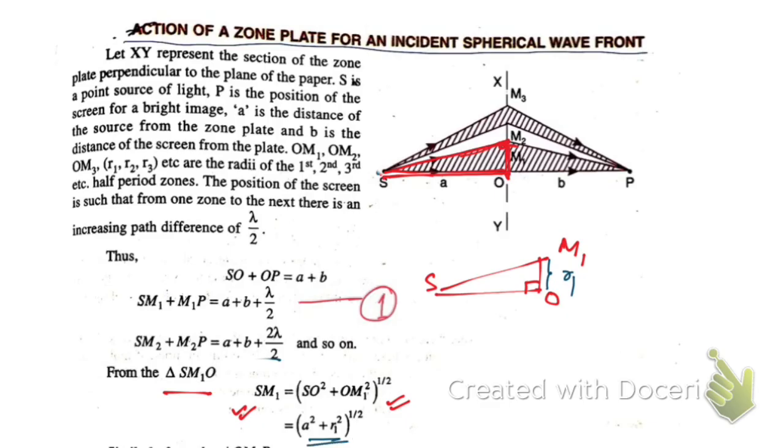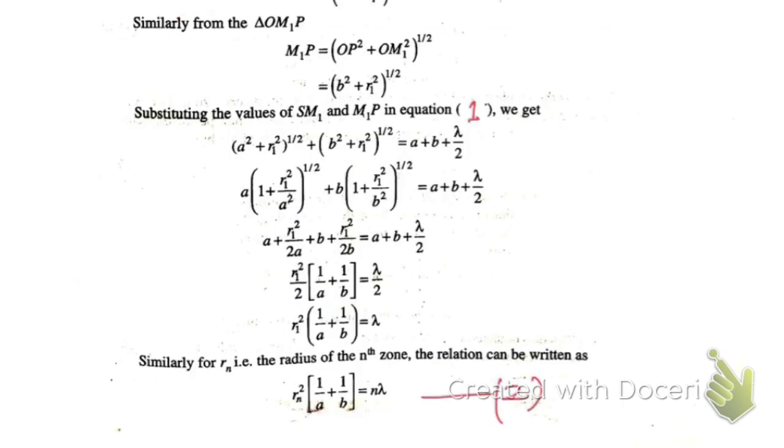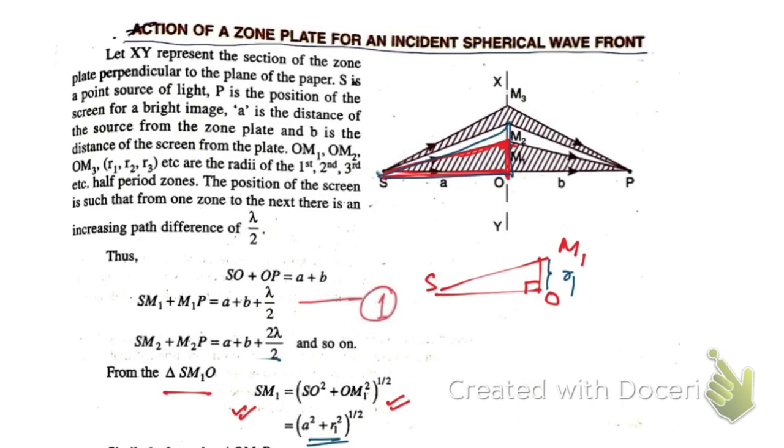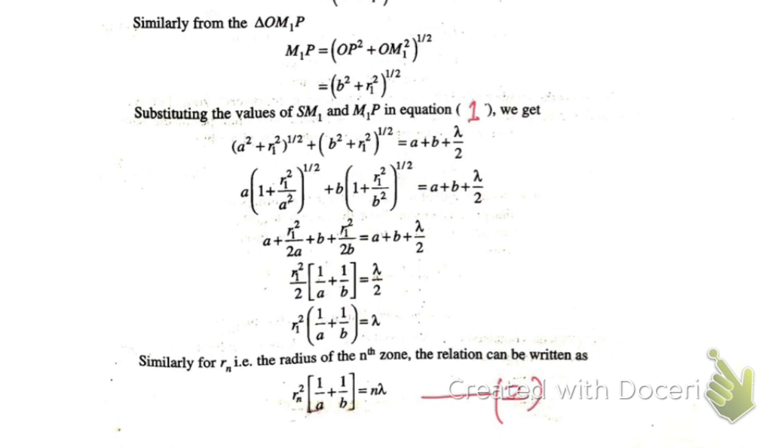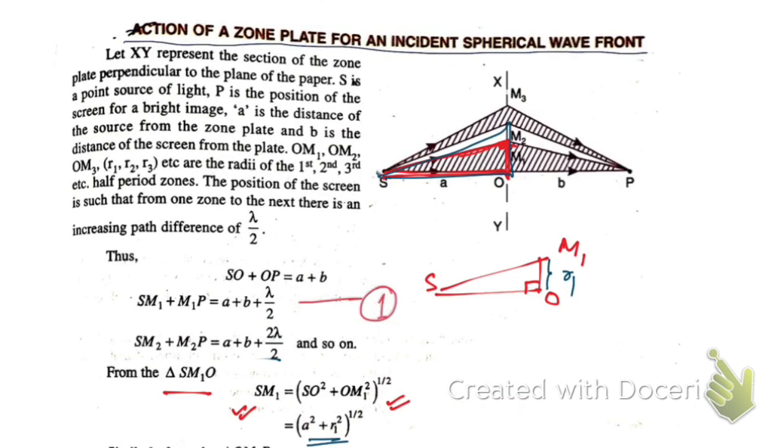Similarly, if we take, let me take not SM2, from OM1P, where is OM1P? From this triangle, okay, the triangle on the left side.